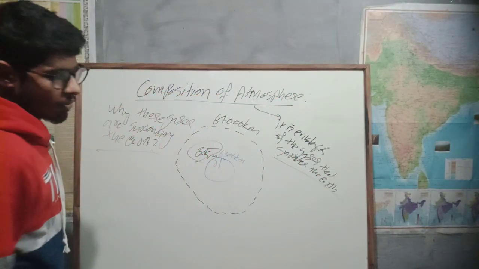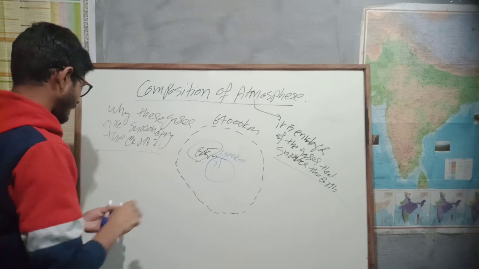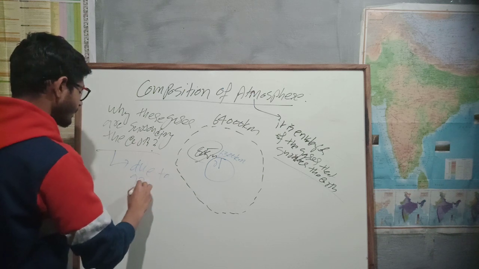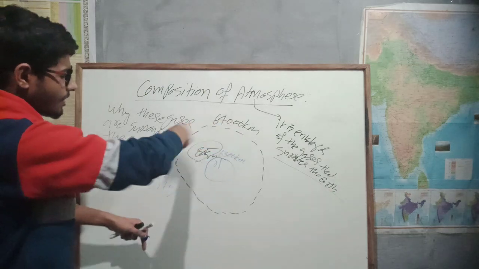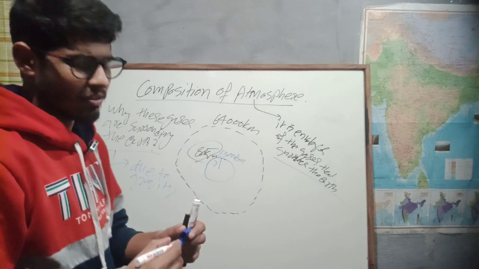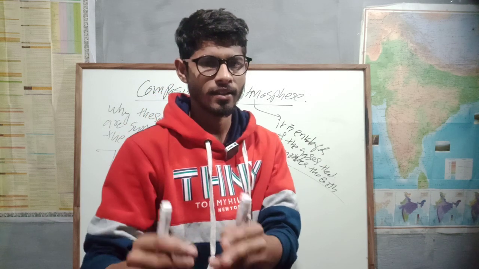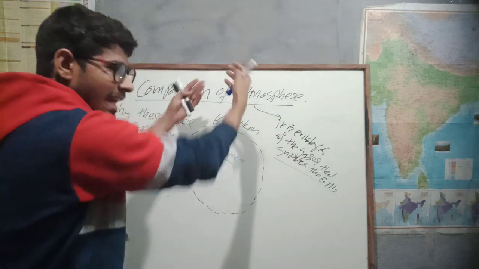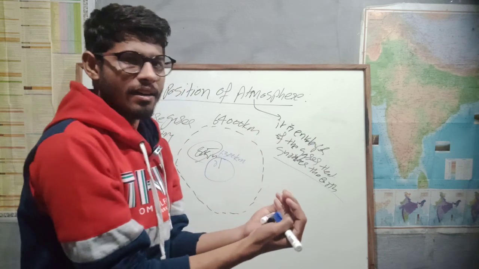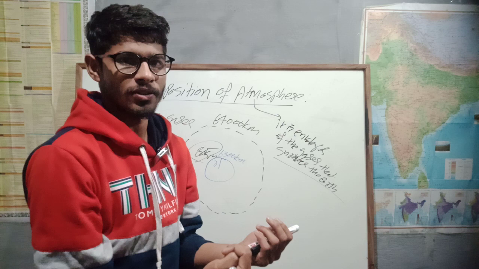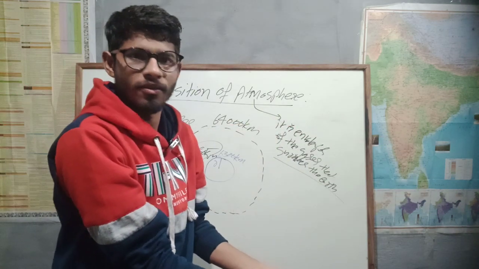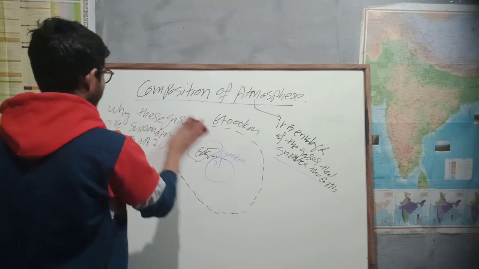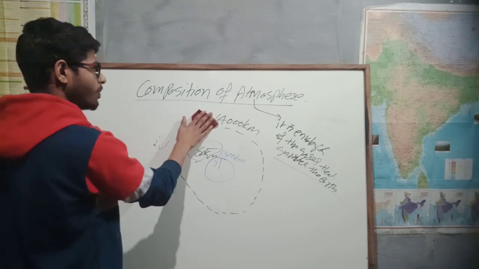A simple reason that everybody knows is that due to gravity these gases surround the Earth, because they have some amount of mass. Not a large mass, a small amount of mass, so the Earth exerts a pull, pulling these gases towards its center. That's why these gases are enveloping it. That's the reason behind it. Now I'm going to give a list of these gases. I hope you understand that.